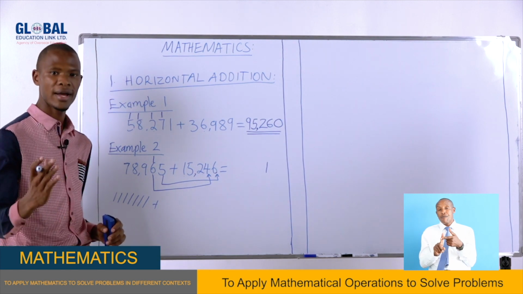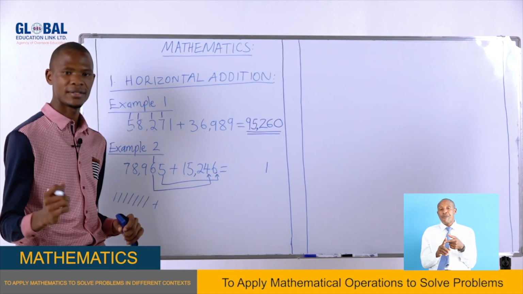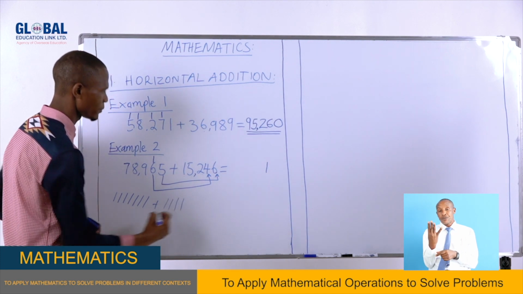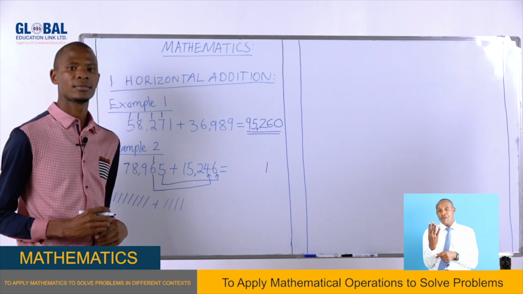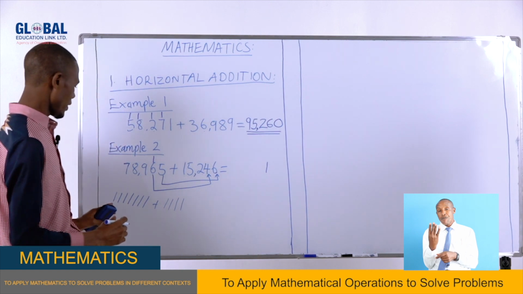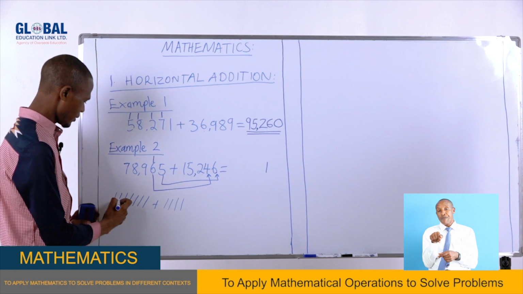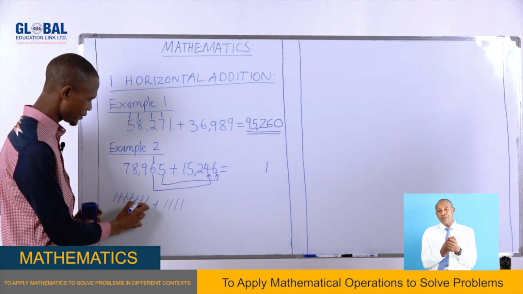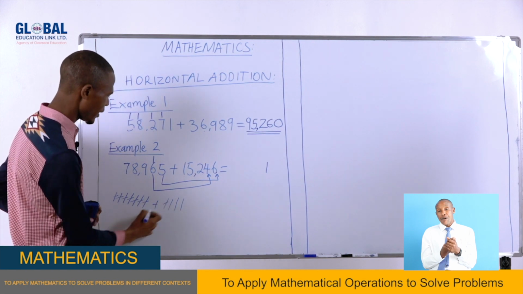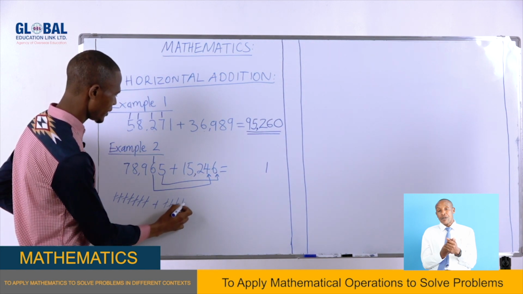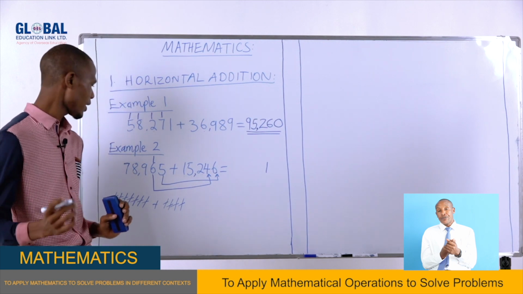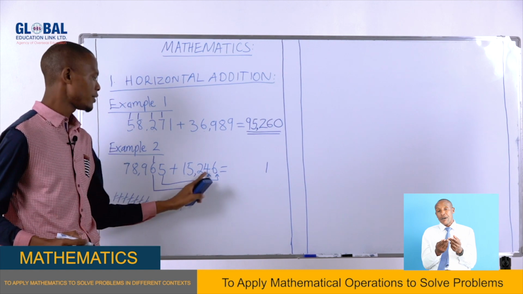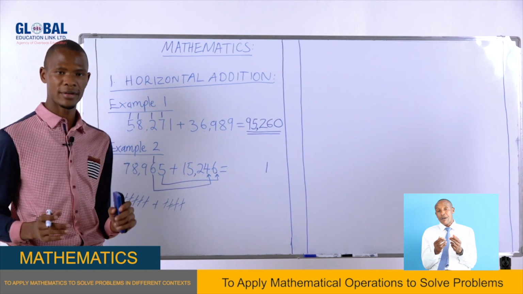And then add 4 tallies. 1, 2, 3, 4. Here, count them together. 1, 2, 3, 4, 5, 6, 7, 8, 9, 10, 11. So the sum of 7 and 4, it is 11.